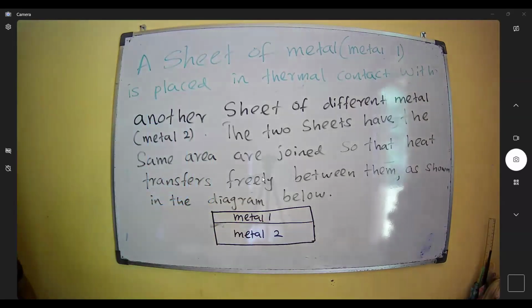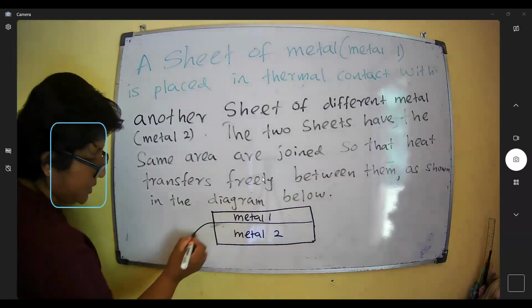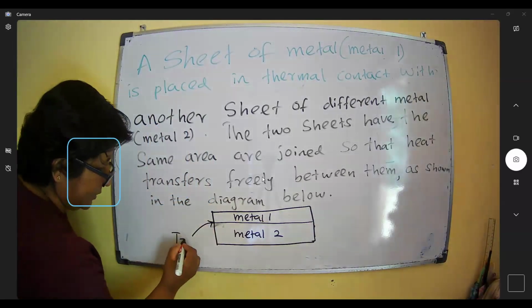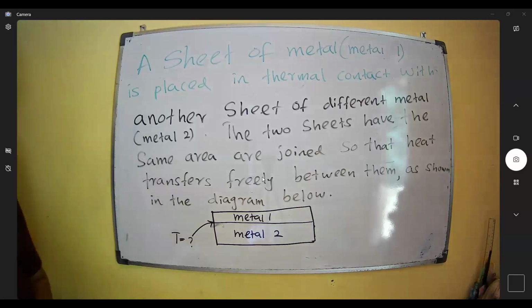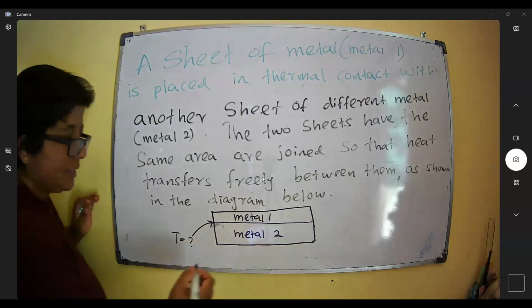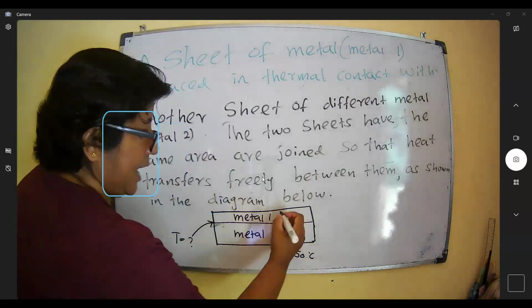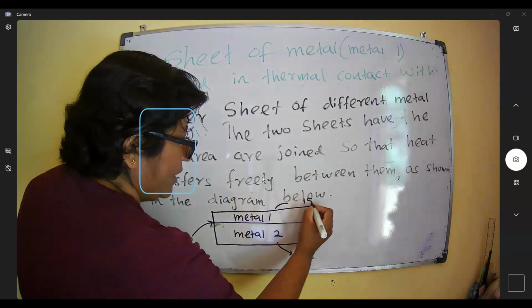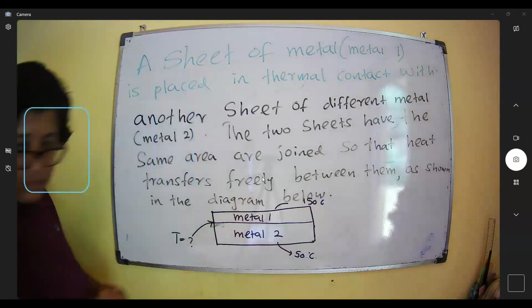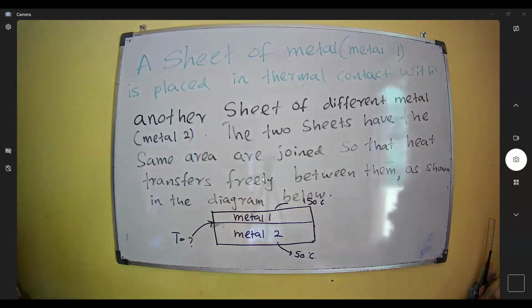The dimension is capital T, and the temperatures mentioned are 50 Celsius on this side and 150 Celsius on the other side.